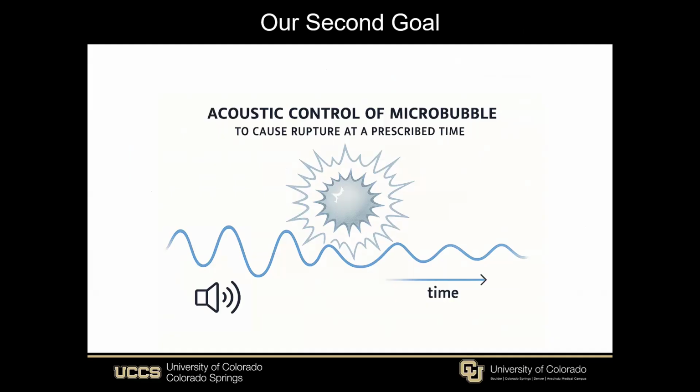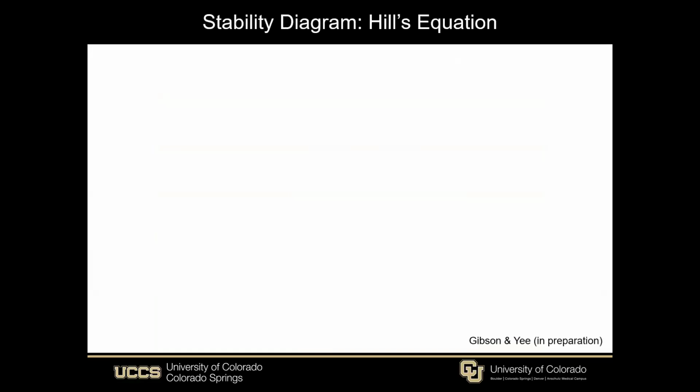So you can easily get it to do funky things. But the question is, if you want it to burst when you want it, at what control input? Because you don't want to drive it so hard that you're actually hurting the patient with ultrasound, right? But you don't want to drive it so lightly that you're not causing it to burst.